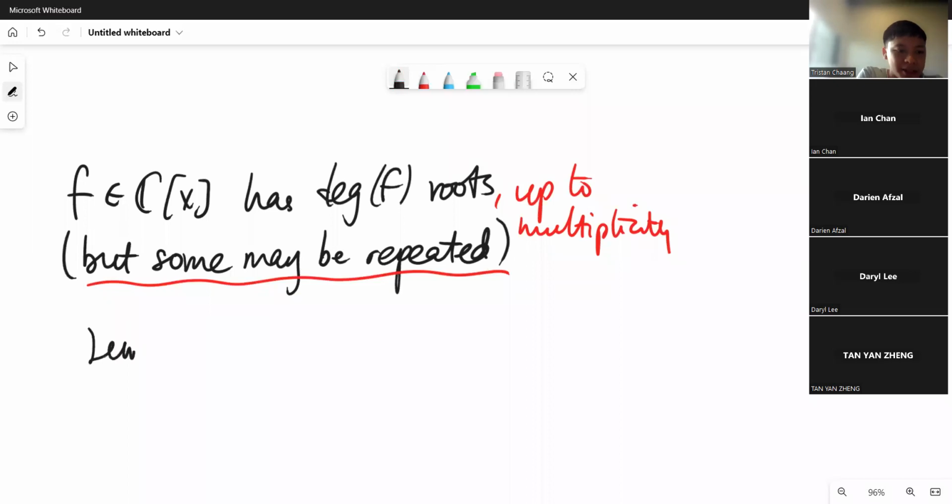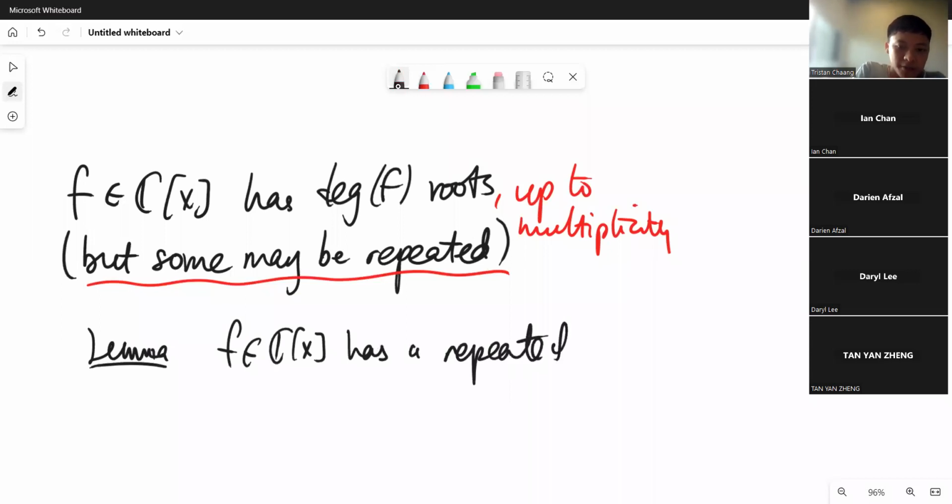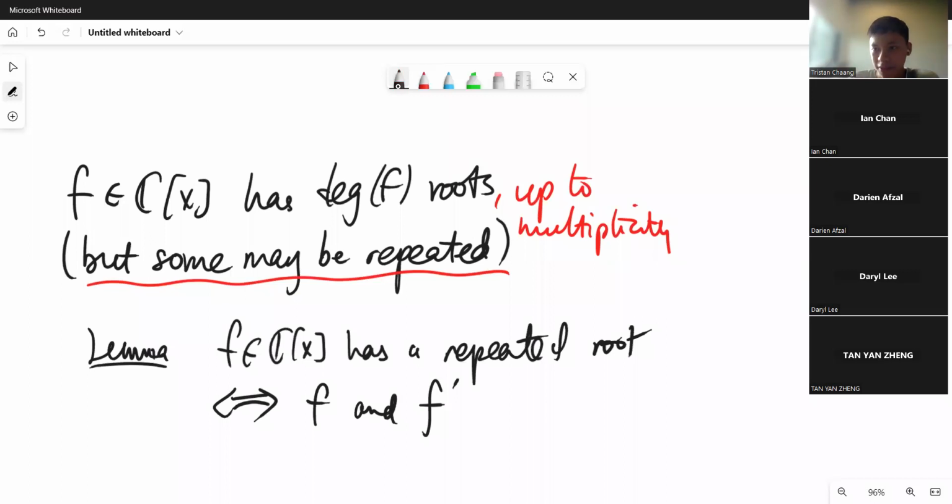So this lemma is this: a complex polynomial f(x) has a repeated root if and only if, so it's an equivalent statement, it goes both directions, f and f prime, the derivative of f, if you've learned that, it's okay if you haven't, have a common root.